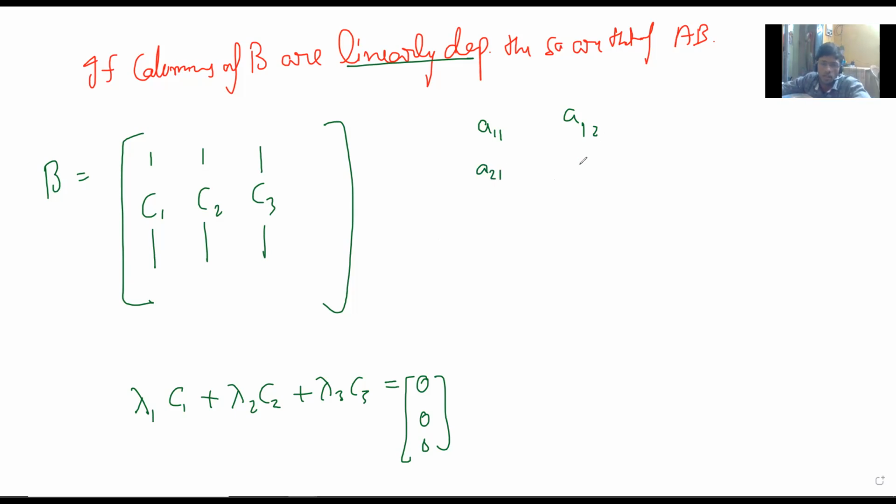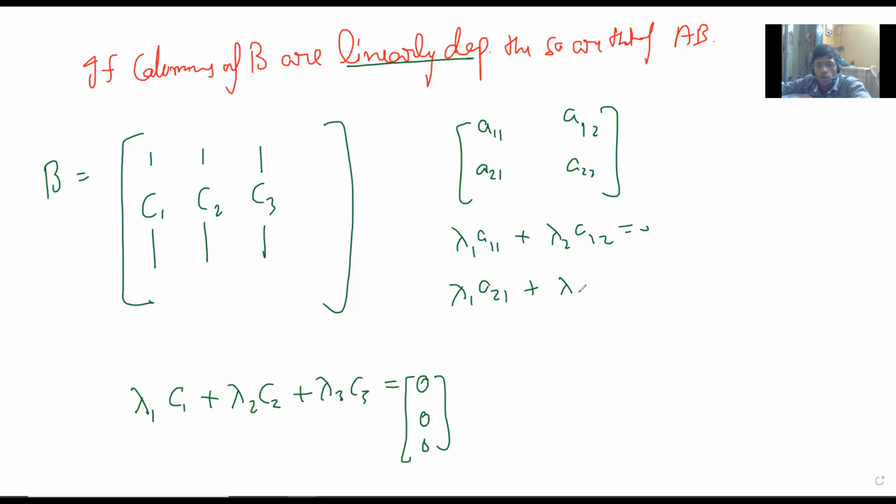So when you say these two are linearly dependent, what do I mean? I mean that there is one lambda such that lambda a, lambda 1, lambda 2, this is 0. Hold on, what am I doing? The columns. So yes, this is right.